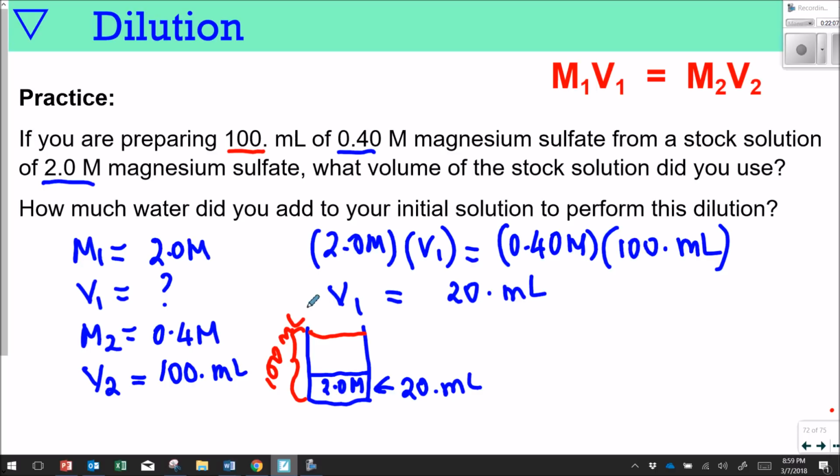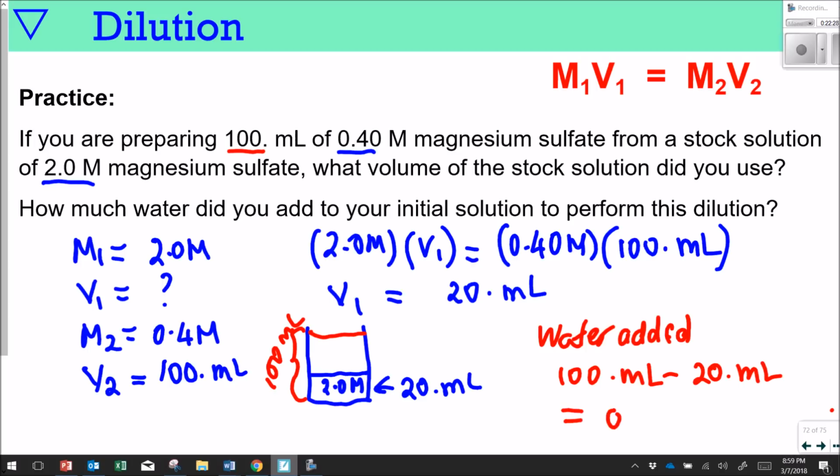So how much water did we add? Since we started off with 20 and we ended up with 100, the water added will just be 100 milliliters minus our 20 milliliters, and I get 80 milliliters of water.